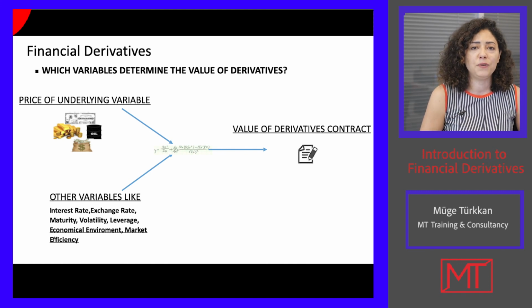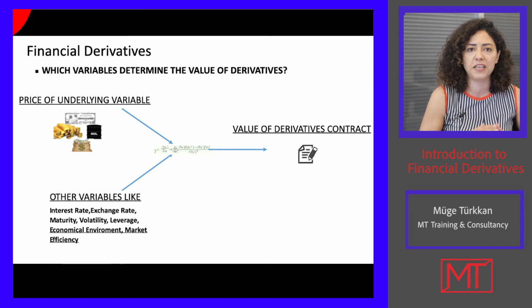That's why even if you are very authoritative names about economy and derivatives, you can even make some losses. And that's why in this course, we will never lose our connection with real life. We will always go over case studies and scenarios about different conditions of the economical environment. And also we will go over the monetary policies and their effects on the value of derivatives. Monetary tightening and monetary expansion, how would they affect the demand for derivatives and the value of derivatives? We will go over all of this.